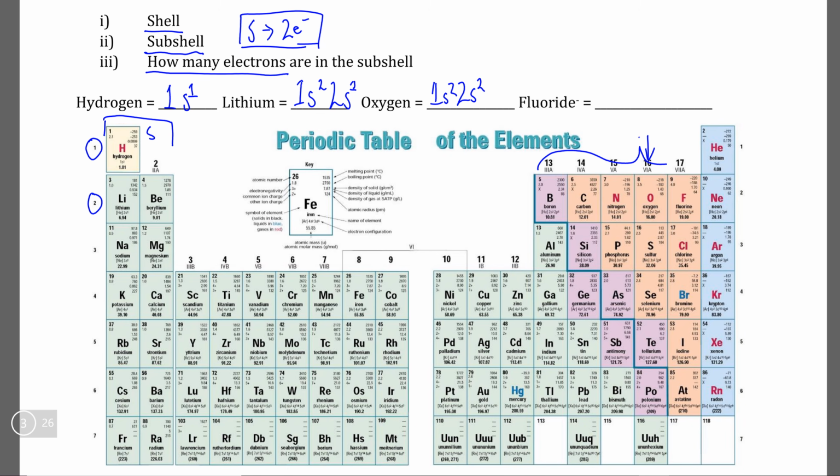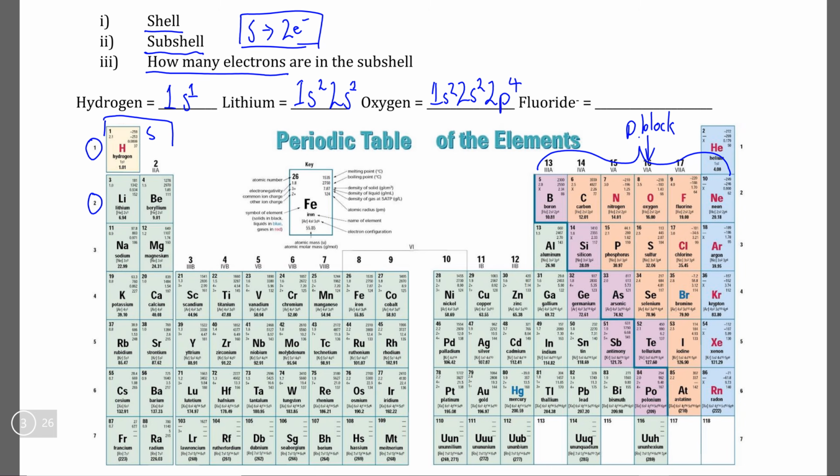Well, we remember that oxygen falls within this block here, which is what we call the P block, so this is where we encounter our first P subshell, which is, again, P subshell on the second energy level. This would be the 2p subshell, and oxygen has 4 more electrons in here, 1, 2, 3, 4.